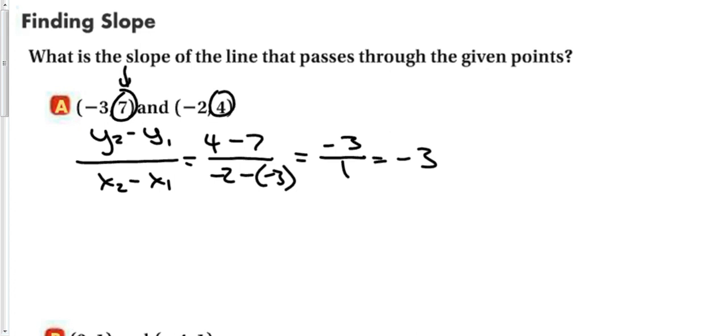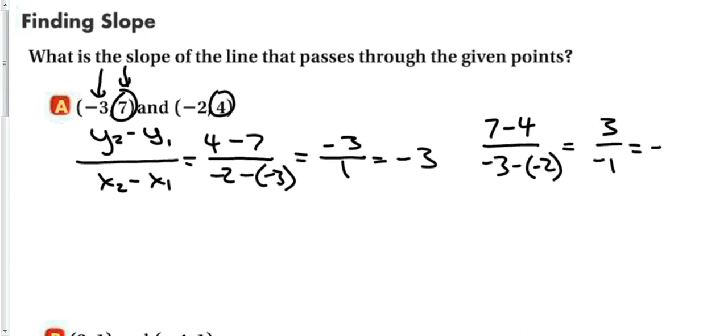But if I call 7 y2, I have to be sure that that is x2. So let's do it over again. Instead of starting with 4, let's start with 7. So 7 minus 4 over negative 3 minus negative 2. So this would be a positive 3 over a negative 1, which is still negative 3. So in both cases, I got the same answer. I got the same slope, which is good.